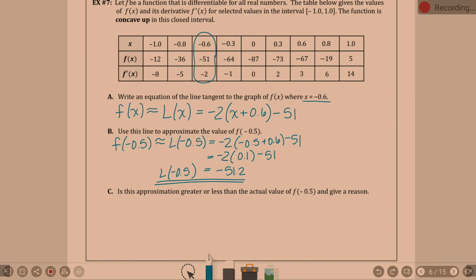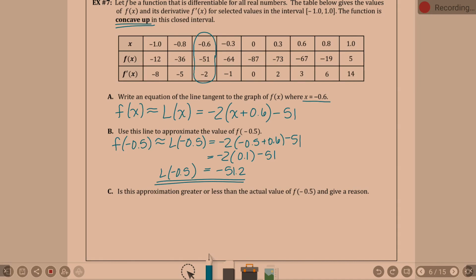It makes sense. Part C: is this approximation greater or less than the actual value of f of -5/10, and give a reason? Yes. Because it is below. We don't even have to sketch a picture or anything.